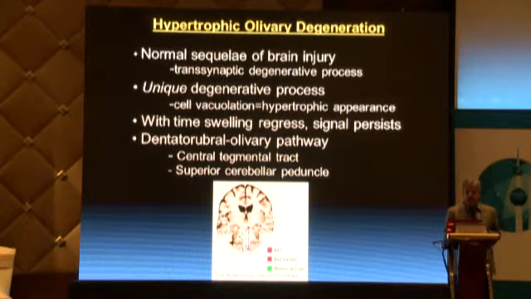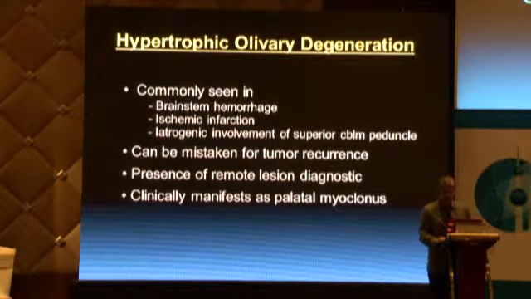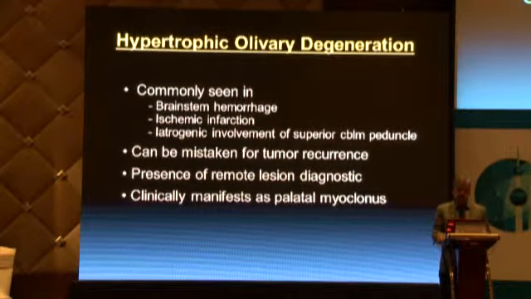And this is because anywhere if you involve the dentato-rubro-olivary pathway, you can get hypertrophic olivary degeneration. So just remember this. It's commonly seen in brainstem hemorrhage, ischemic infarction, or iatrogenic involvement of the superior cerebellar peduncle. So don't mistake it for tumor recurrence.